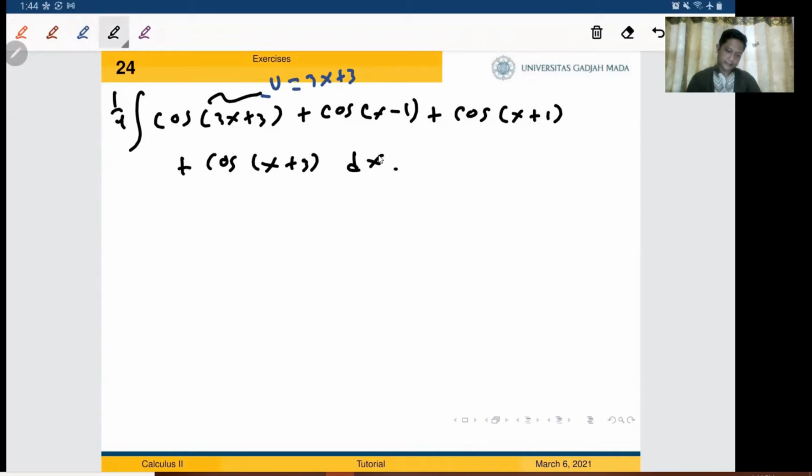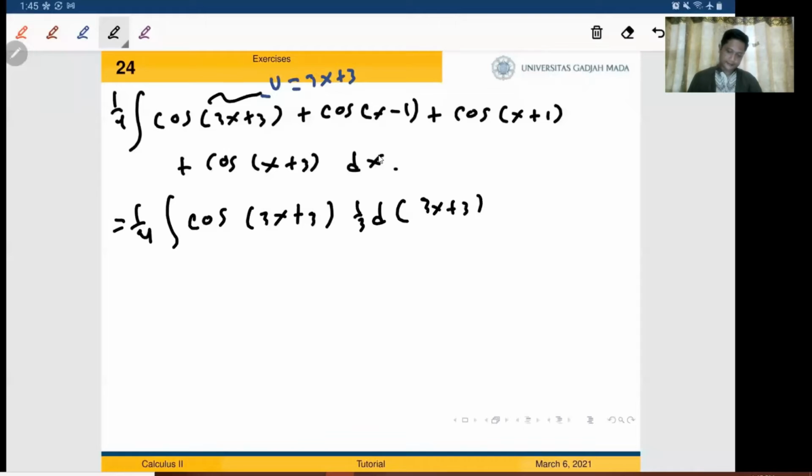Or maybe I can also rewrite it like this. I have 1/4 integral of cosine 3x plus 3, which is 1/3 d(3x plus 3), right?